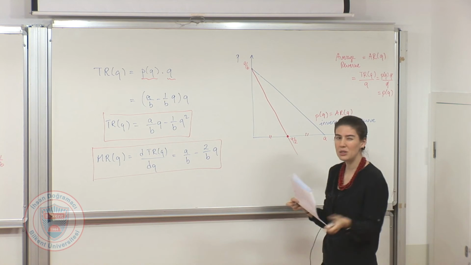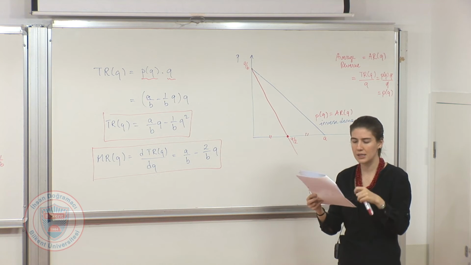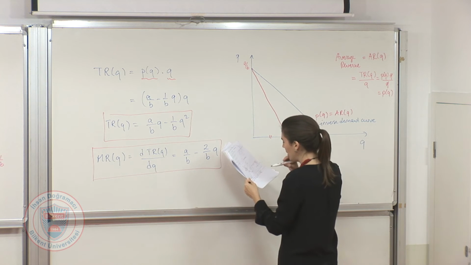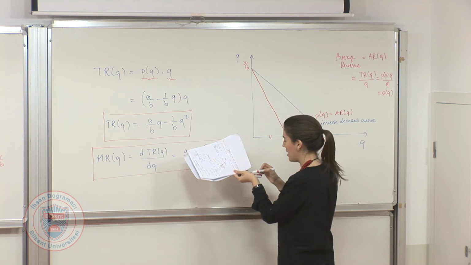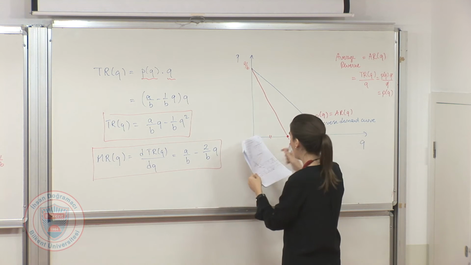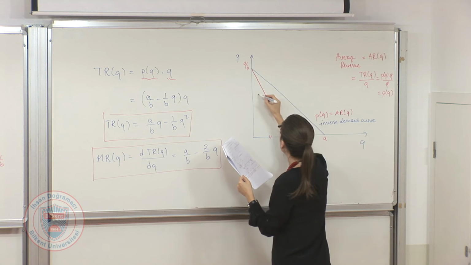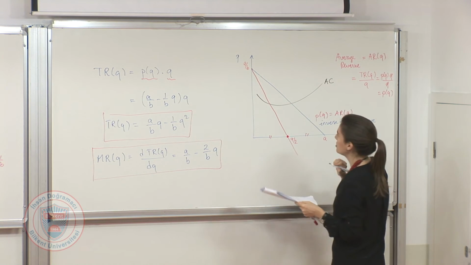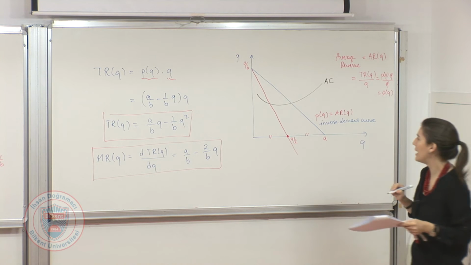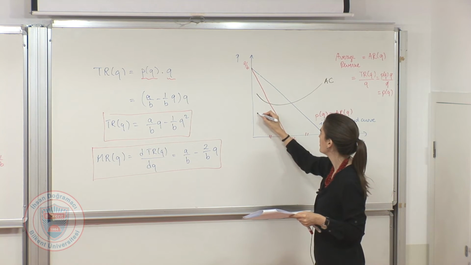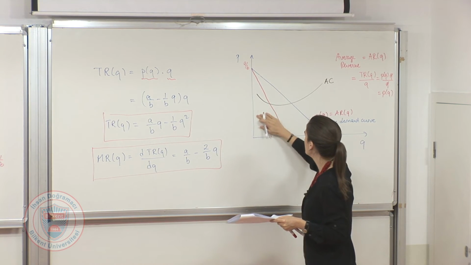Fine. Now let me try to figure out the profit maximizing point. Suppose I have a marginal cost curve. Let me draw my average cost curve. Suppose this is my average cost, and then suppose this is my marginal cost.